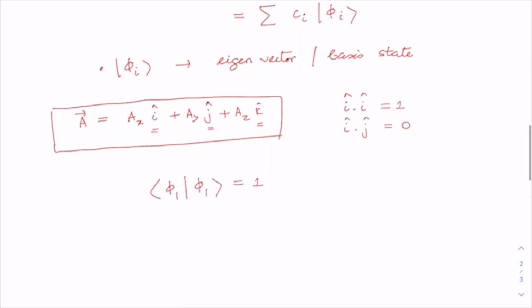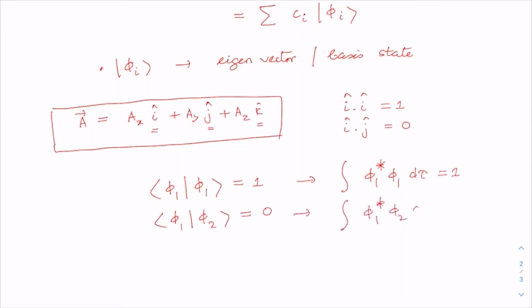So that means phi 1 is normalized. But for two different eigenvectors, say phi 1 and phi 2, their scalar product will give 0. And in integral notation, this would be simply the integral of phi 1 star phi 1 d tau is equal to 1, and here it would be the integral of phi 1 star phi 2 d tau is equal to 0.